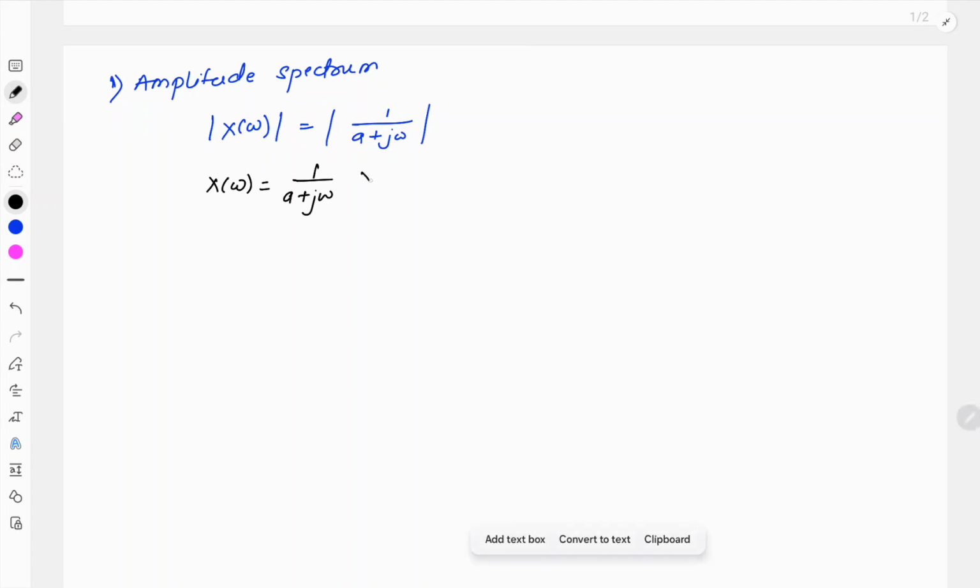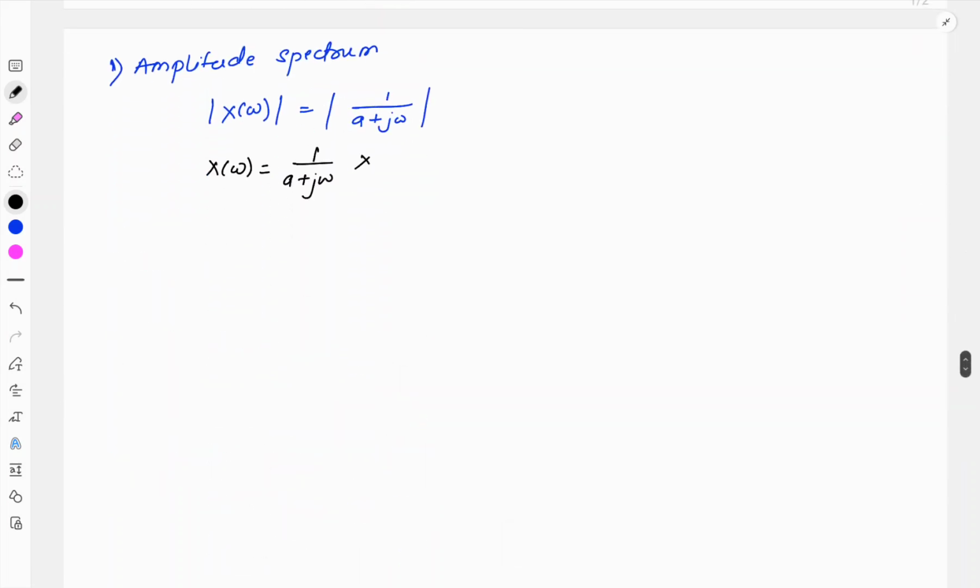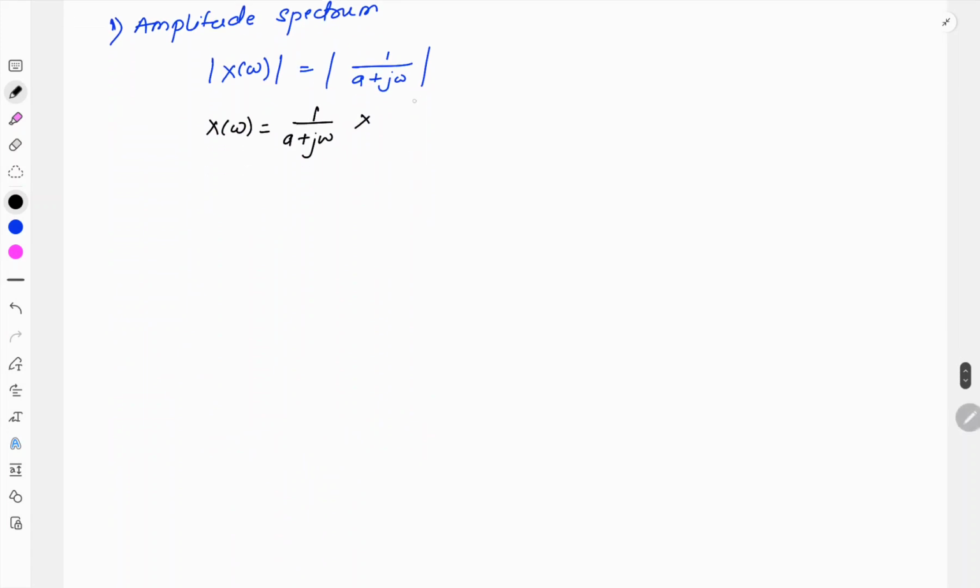Rationalization means we are going to multiply and divide this answer with the complex conjugate of this term, which is a plus j omega. So here it will be multiplied and divided by a minus j omega upon a minus j omega. So if we multiply and divide it with a minus j omega, at the numerator we are going to get the term a minus j omega divided by, so it is a plus b and a minus b, so it is a square minus b square.